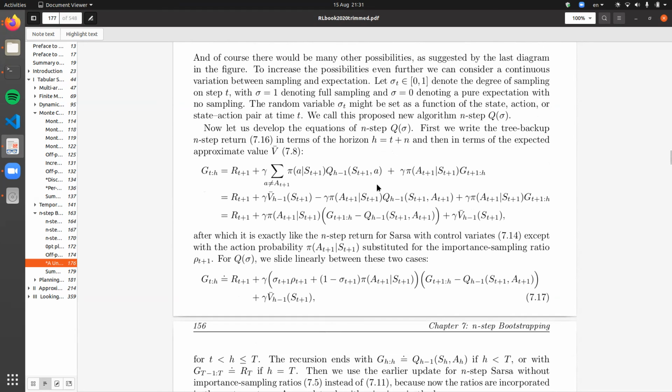As we discussed, in the extreme cases, when sigma is 1, it's like doing sampling, and when sigma is 0, it's like taking a full expectation.